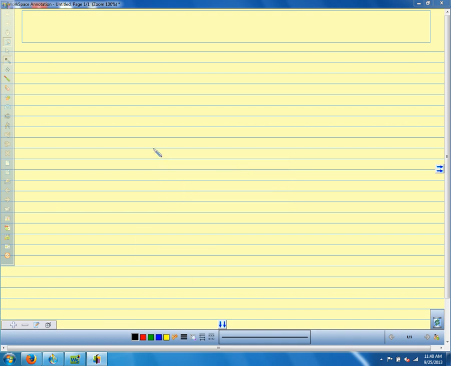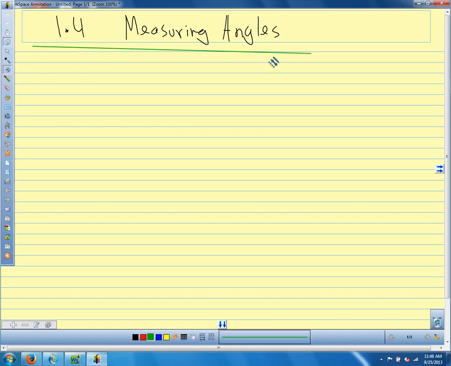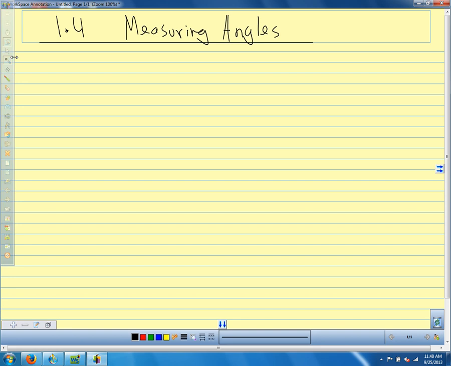All right, so we're in section 1.4, and we're going to talk about how we measure angles. But before we talk about how we measure them, we need to know what they are, what they're made of.